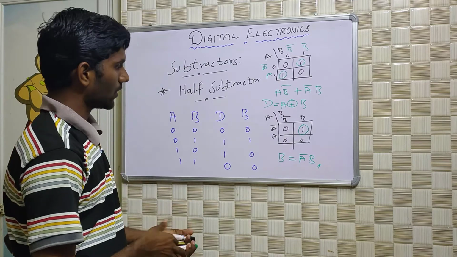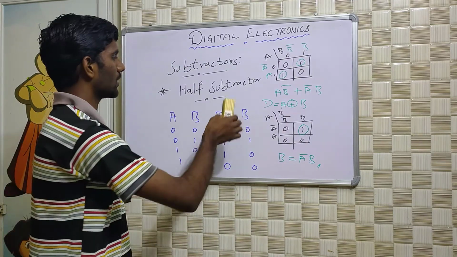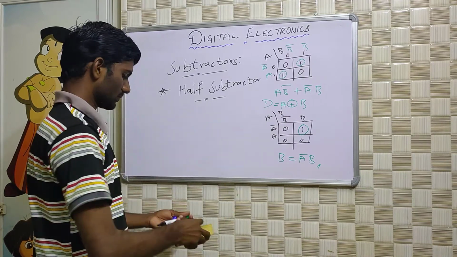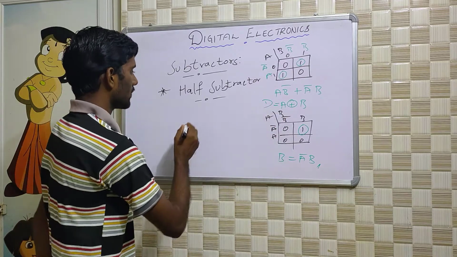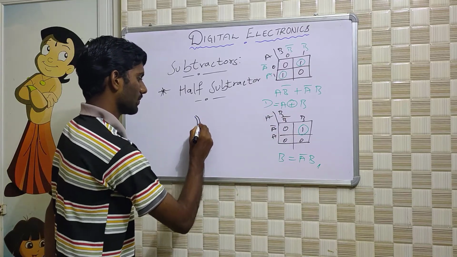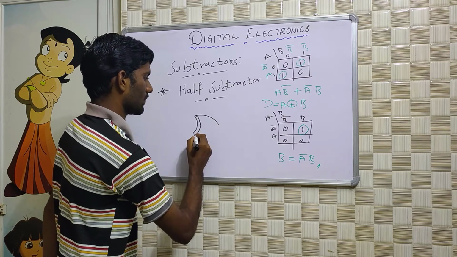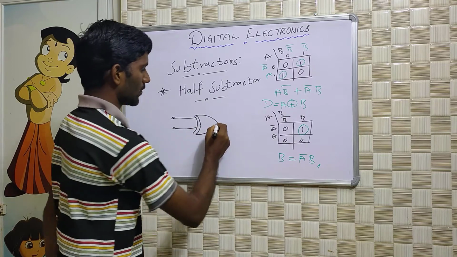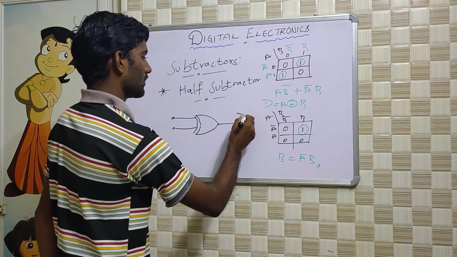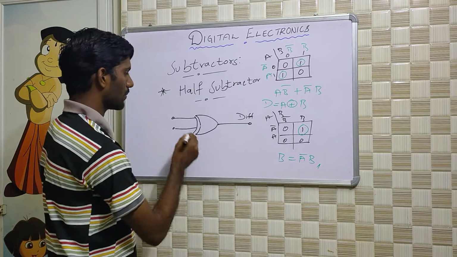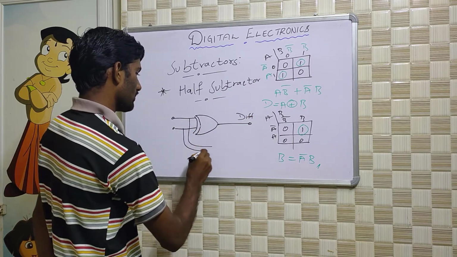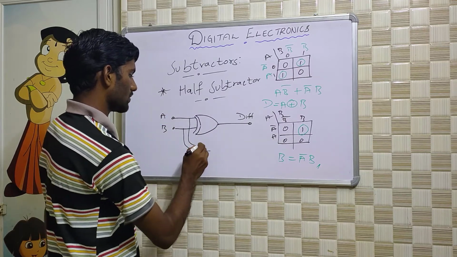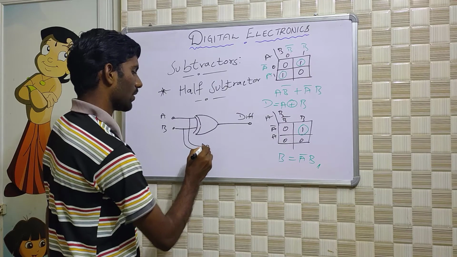Right. If we draw a logic diagram for the half subtractor, it will look like this. A exclusive OR B gives the difference. Then for the borrow, with inputs A, B, we have A bar, which means we need to place a NOT gate here.